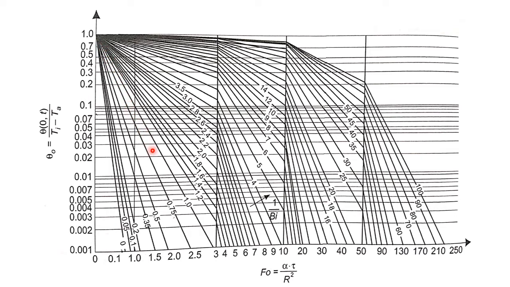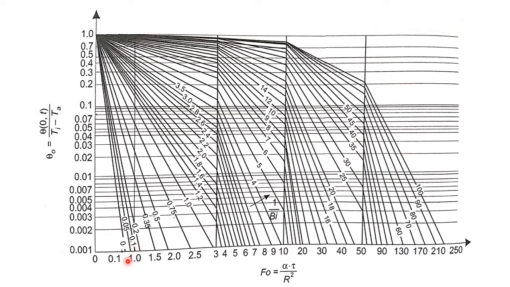And on the x-axis, the Fourier number we have already calculated as 0.292. Here it is 0, 0.1, 0.15 like this, so 0.29 will be somewhere here, which I have marked. With the help of a scale I will draw a vertical upward line, a straight line, here.